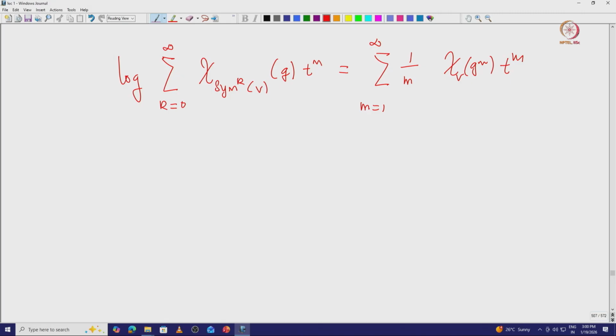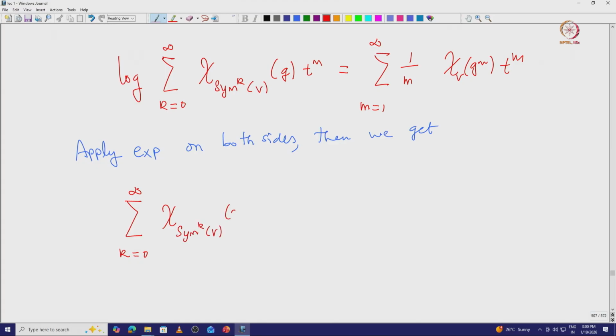Now if we apply exponential on both sides, then we get exactly the summation k from 0 to infinity of chi of Sym^k V of g, t power k, equal to the exponential of this summation, the summation m from 1 to infinity of 1 by m chi_V of g power m, t power m. So this is what we get.